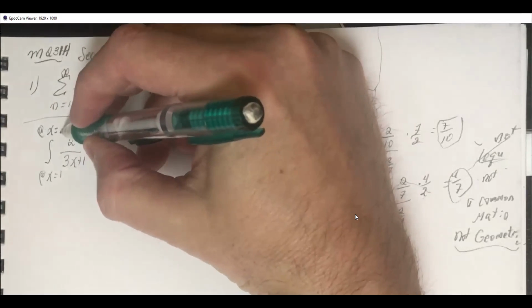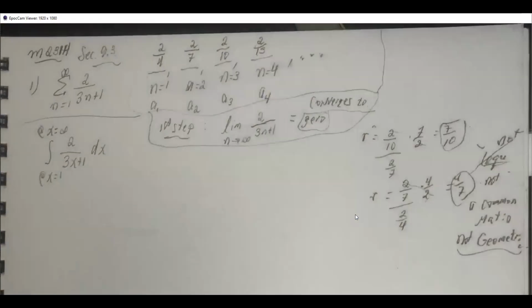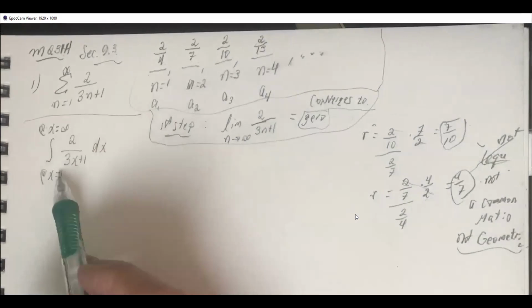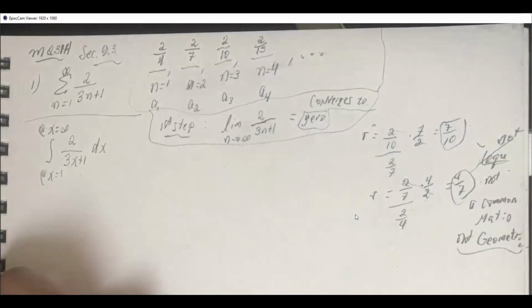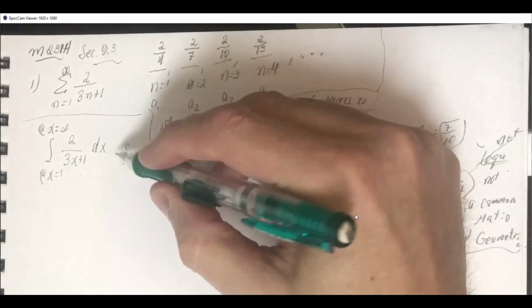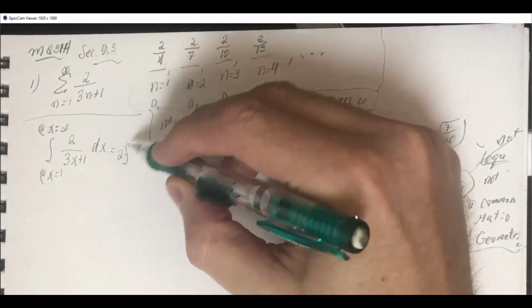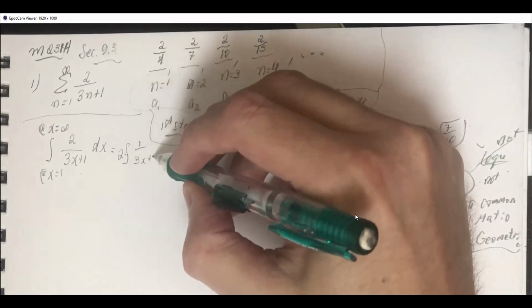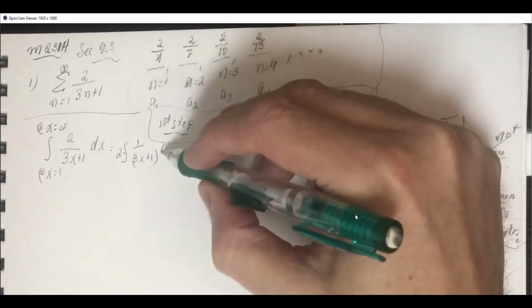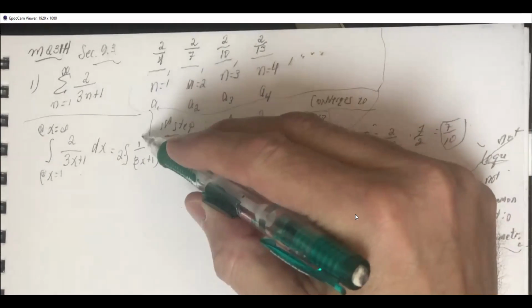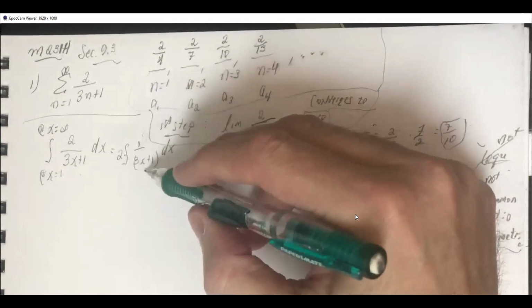I guess they do write infinity there. So this multiplied 2 could go out in front. You'd have a 1 over 3x plus 1. Whenever you have a 1 over something in the integrand, our mind should, hopefully, with the practice we've been having, think: can I let it be a 1 over u or a 1 over w type?